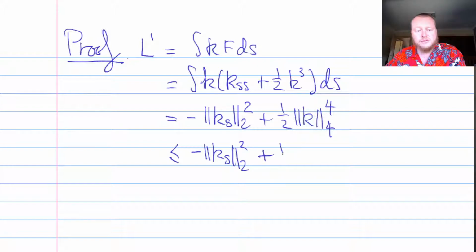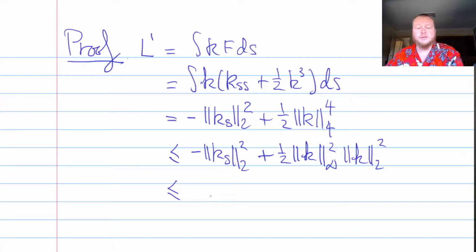So this is plus 1/2, and then we take 2 powers of k out in their supremum, or essential supremum, whatever, and we're left with this. And now we use the Poincare inequality to control this L infinity norm by the L2 norm of the derivative, which is a good idea because that term is exactly right there.